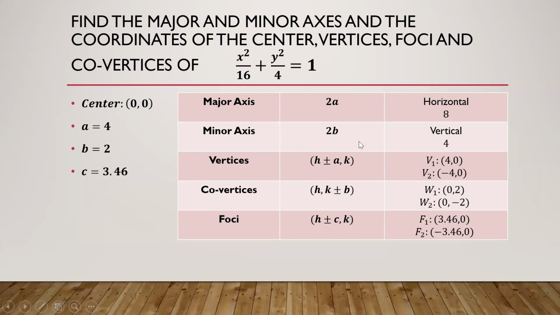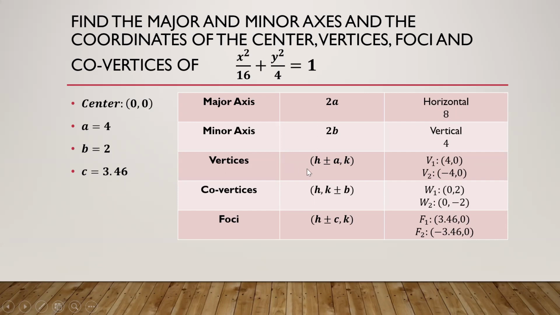And then for our minor axis, whatever the orientation of the major axis, the orientation of the minor axis is the opposite. So from horizontal, it is vertical. So we compute 2b. So that's 2 times 2, which is 4. So 8 and 4 are the measurements of the major and minor axis respectively.